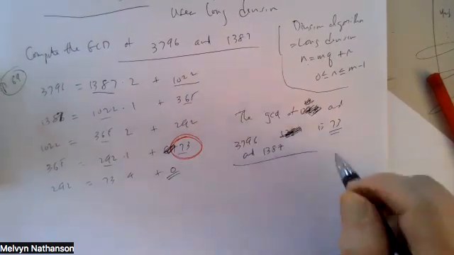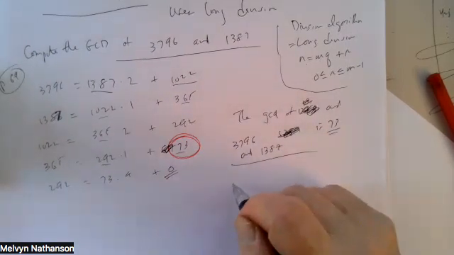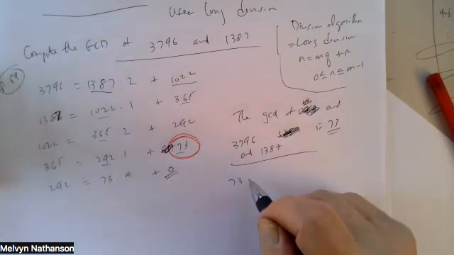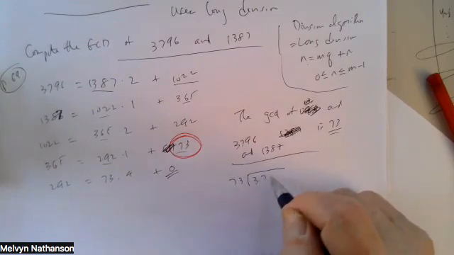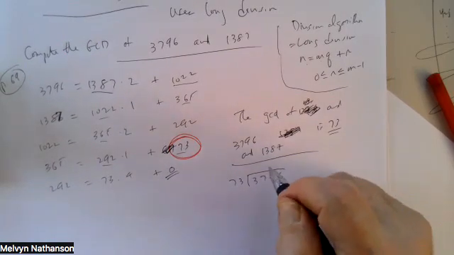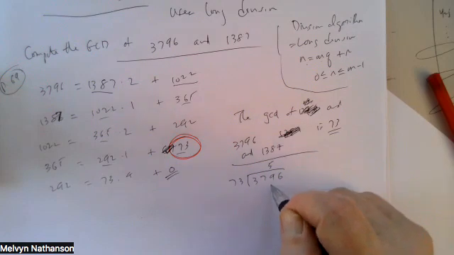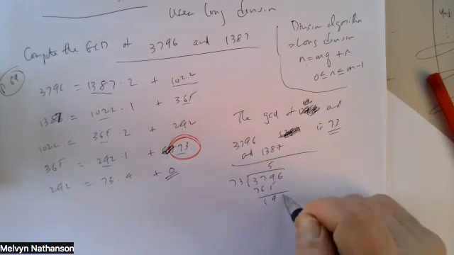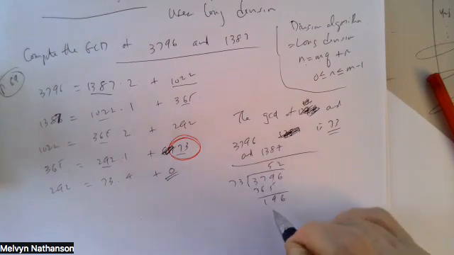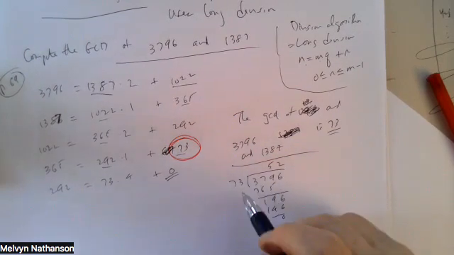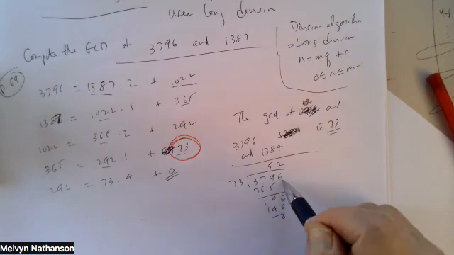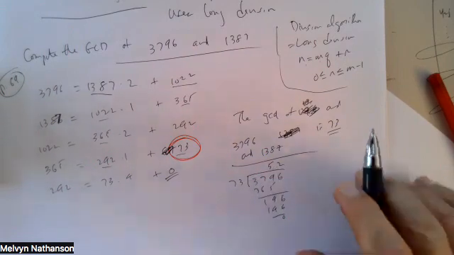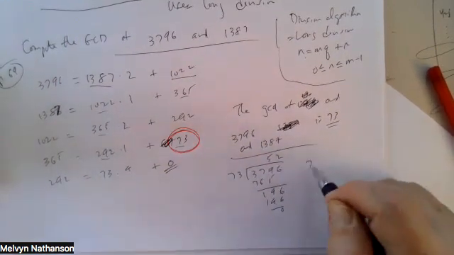Yes. Let's just check that this is a divisor. If I divide 73 into 3796, this goes, I think, 5 times, 5 times 73 is 365, subtract, 31, bring down the 6, 216. So 3796 is 73 times 52.